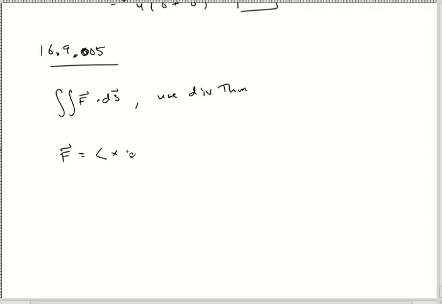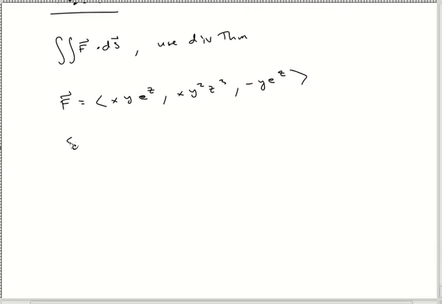So they give me my F is xy e to the z, xy squared z cubed, negative y e to the z. Okay. S is the surface of a box with the coordinate planes.